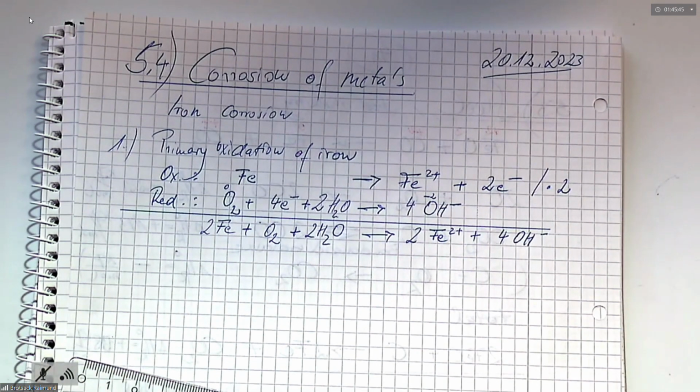And now, when we have this in an aquatic environment, it is not very highly soluble. There is what we call a precipitation of the solid iron hydroxide, and this is brown.